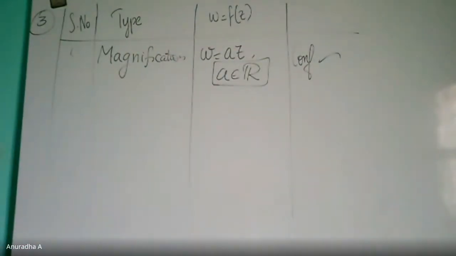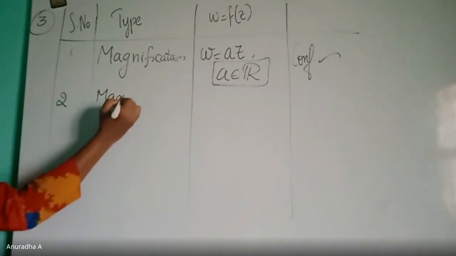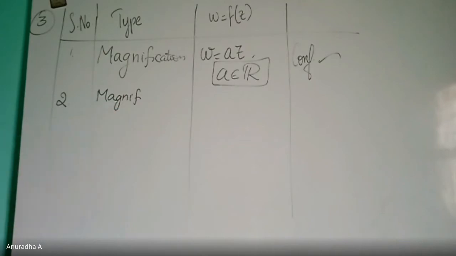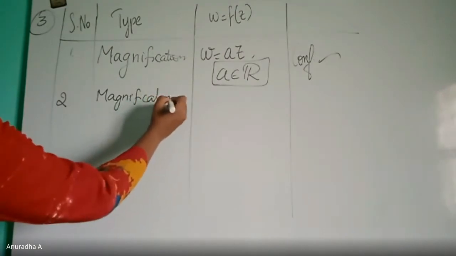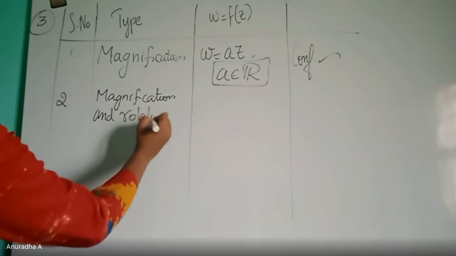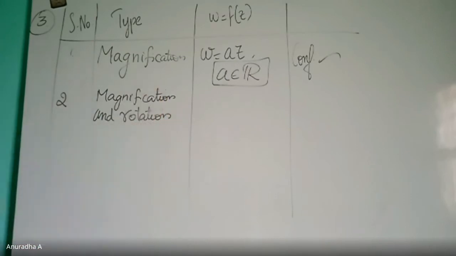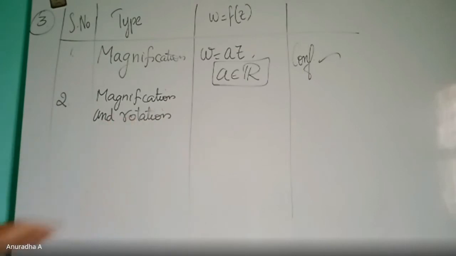The second one is called magnification and rotation together. We are magnifying, but we are also rotating, so the angle is changing.